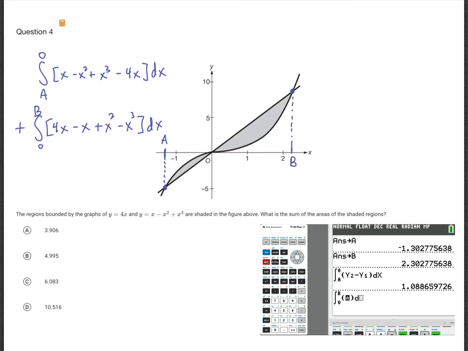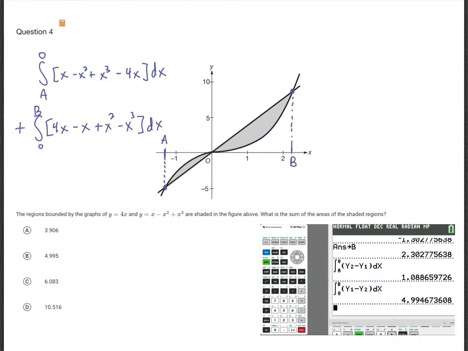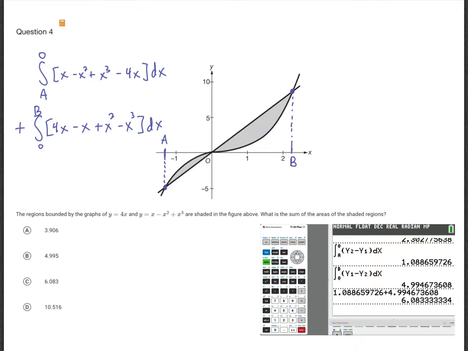Then do alpha trace for all those functions. There's y1 there, minus alpha trace 2 for y2. That's the other area, and then now we just have to add these up. Okay, that's the answer. But let's see a better way of doing it.